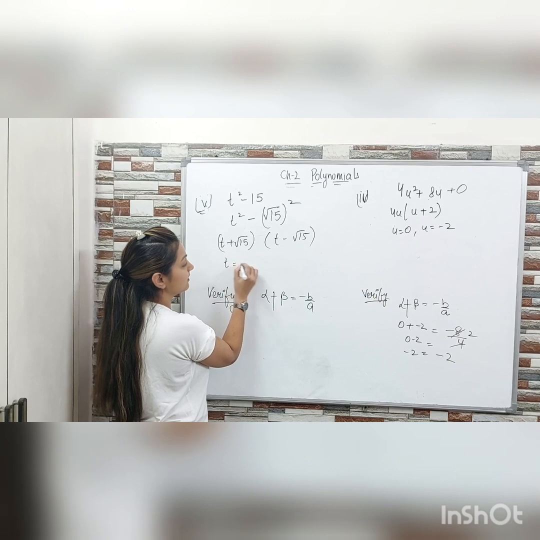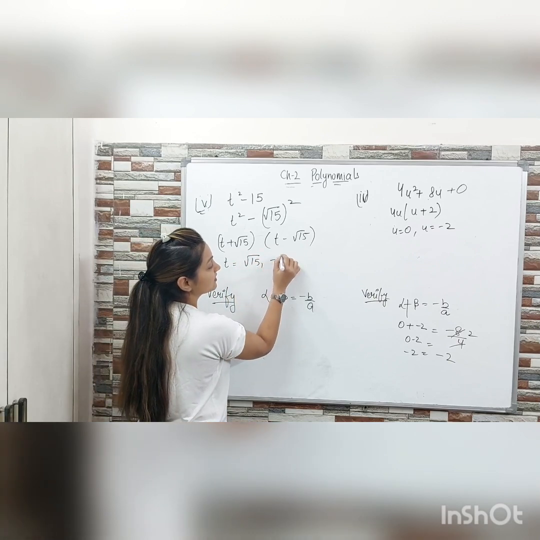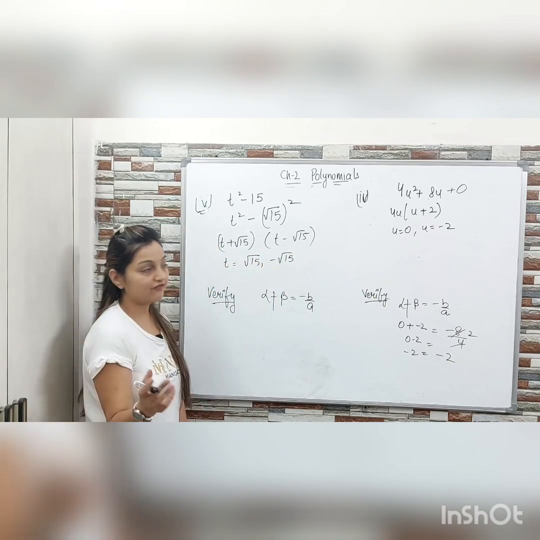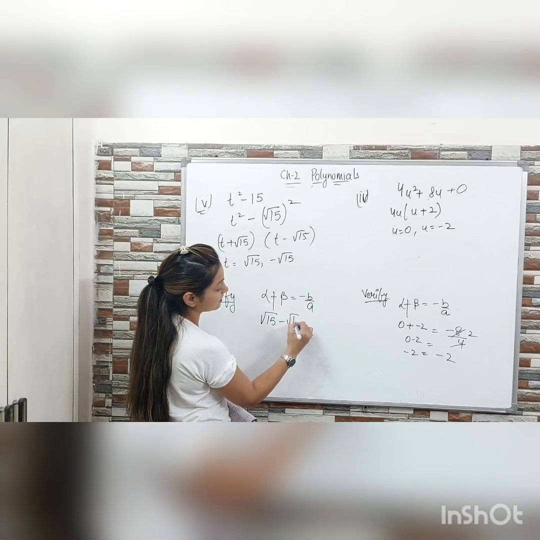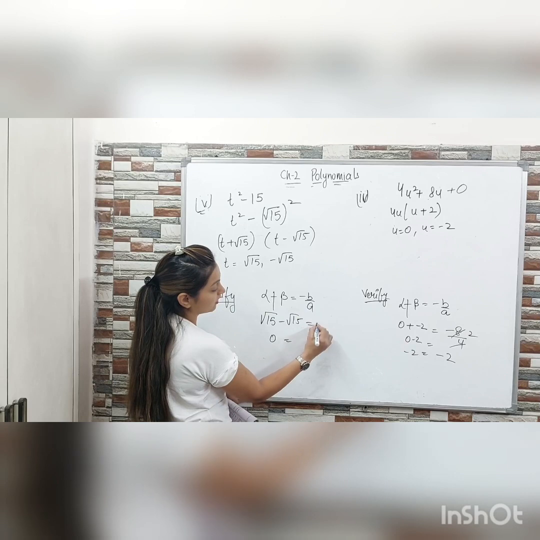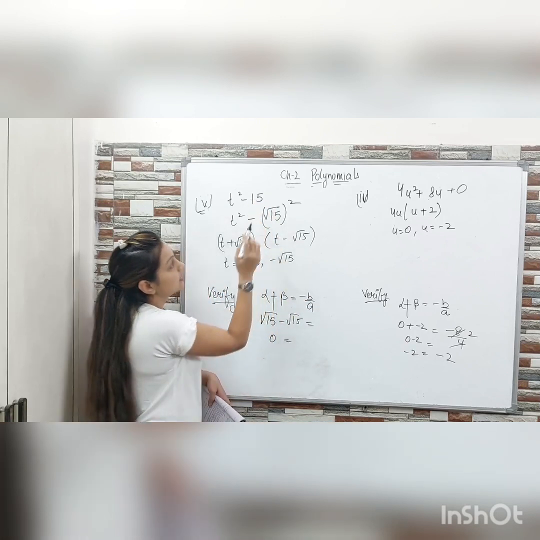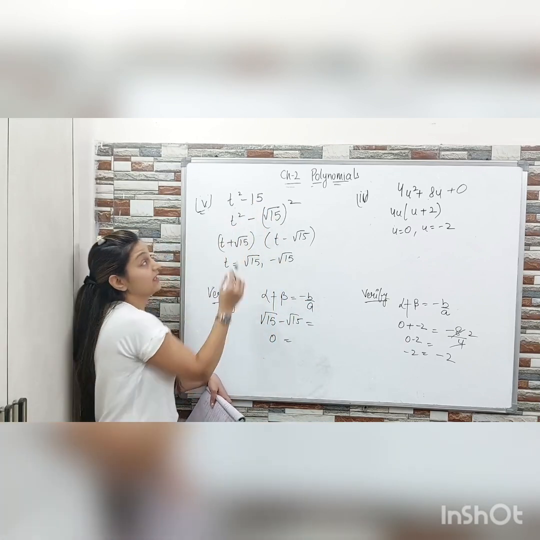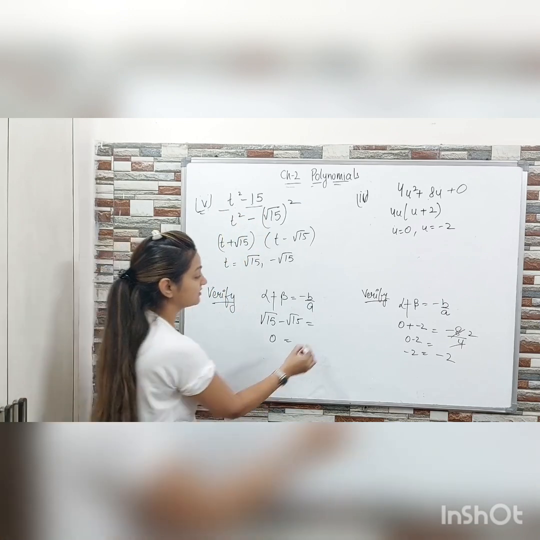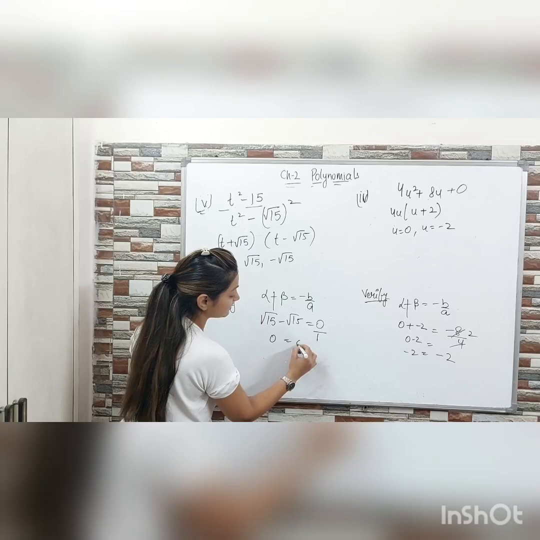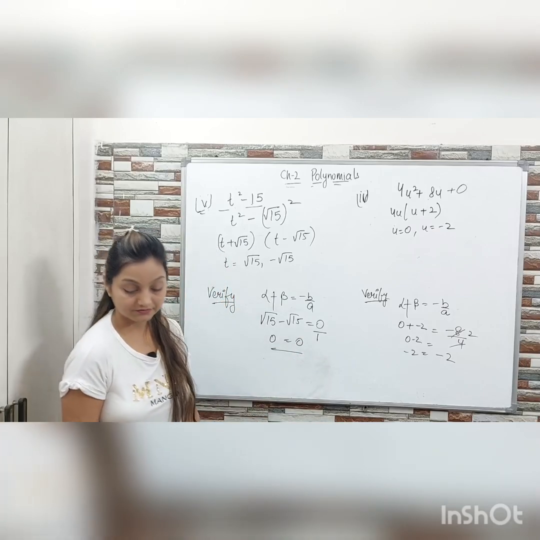Now the answer should be root 15 and minus root 15. Alpha is root 15, beta is minus root 15, so the sum is 0. There is no b here, so b is 0. 0 upon 1 is 0, so the answer is verified.